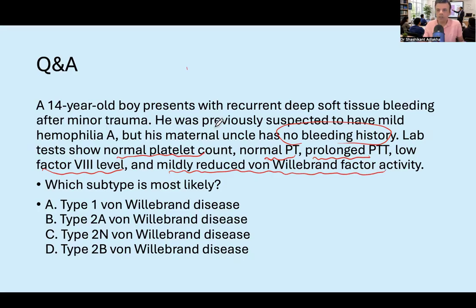So functional assays show mildly reduced von Willebrand factor activity, and the factor 8 level is also reduced, and the maternal uncle has no bleeding history. That means there is no hemophilia as such, but a hemophilia-like situation is happening because factor 8 is mildly decreased and the PTT is prolonged.